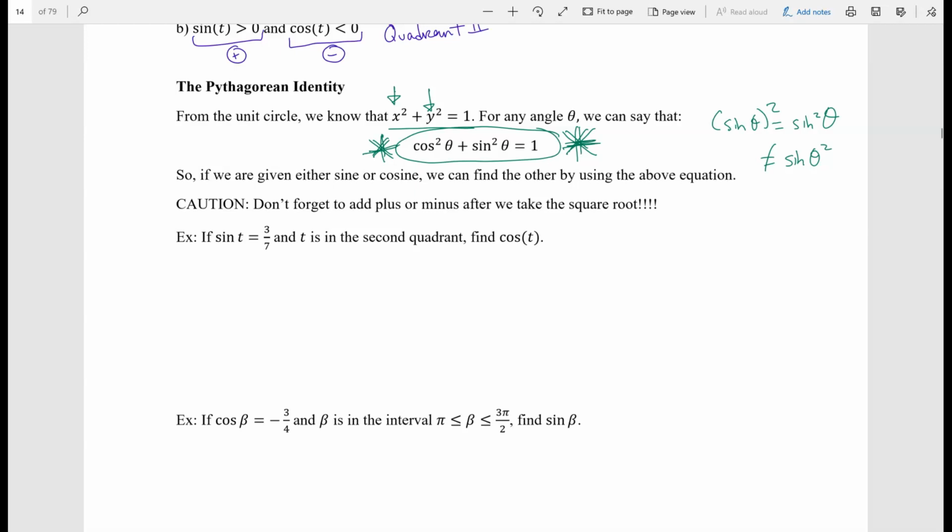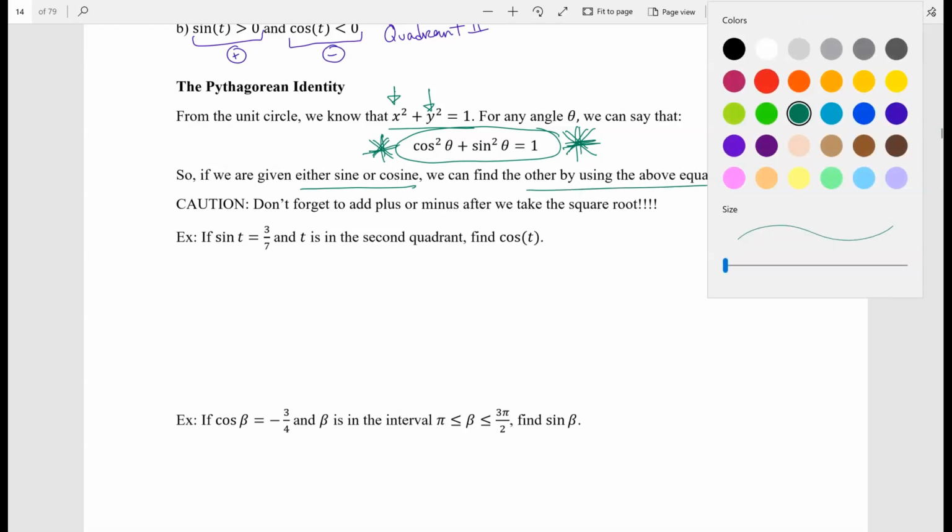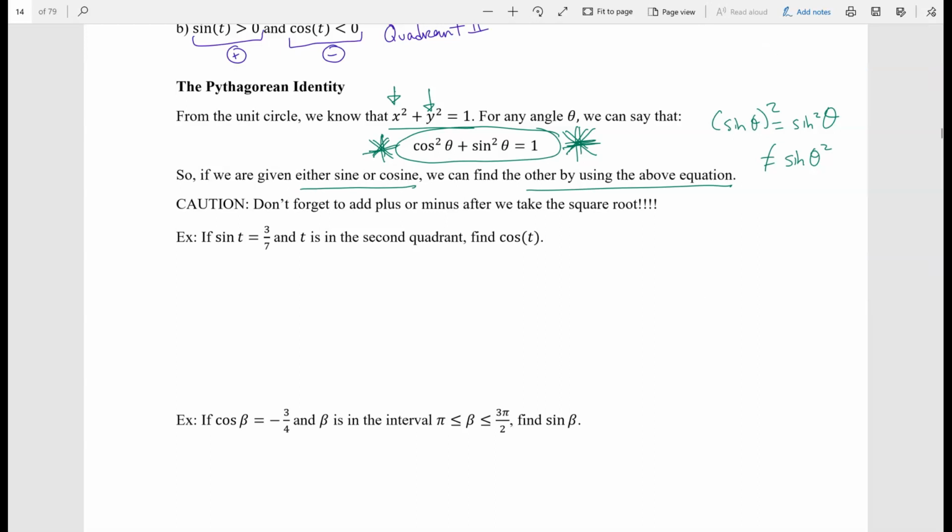So if we are given either sine or cosine, we can find the other one by the above equation. Now you have to be very careful, because when you solve a square function, you have to apply a square root. When you apply a square root, you have to add plus or minus, because as we just saw, the sine and the cosine can be positive or negative depending on where we're at.